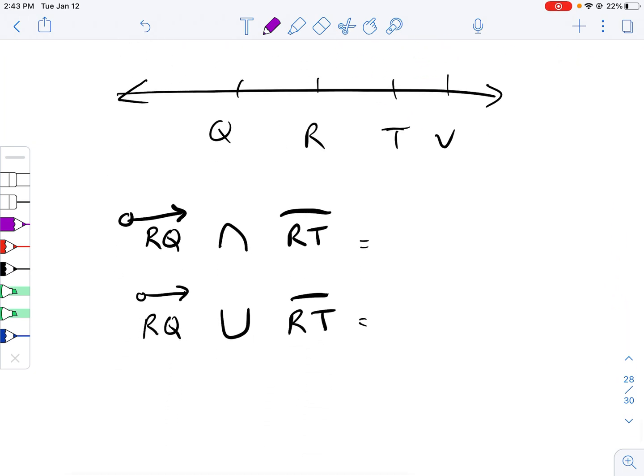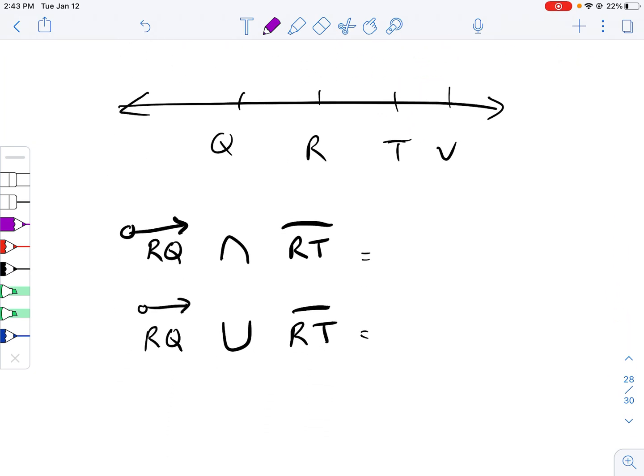Let's practice again an intersection and a union. It seems like I'm using half lines an awful lot, but these problems don't require a half line, just must seem like that. So sorry for the redundancy. We have half line RQ. And then we have segment RT. Okay, what is the intersection of those two?